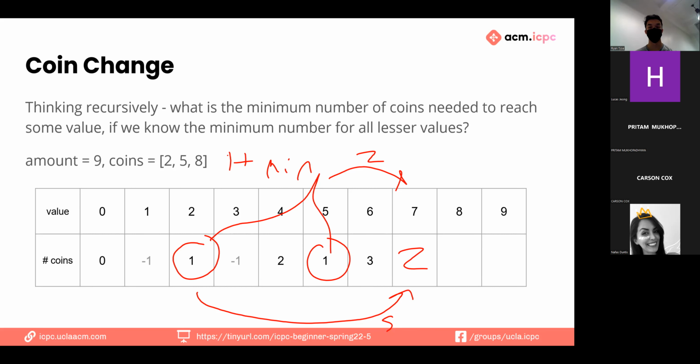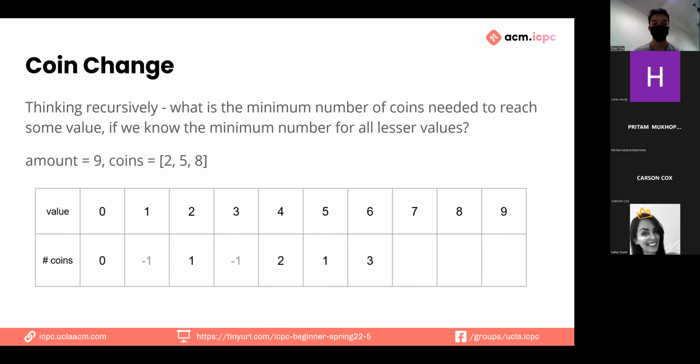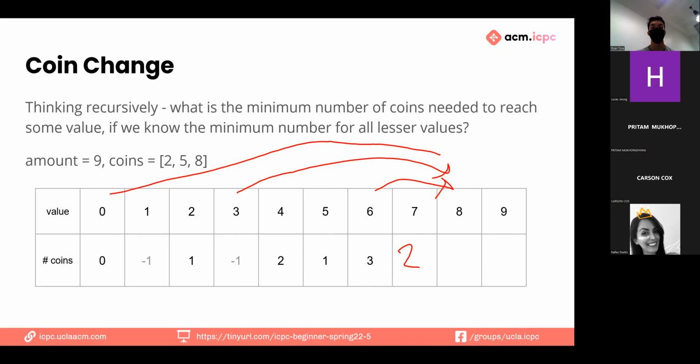So then, actually, I guess we could continue this. For 8, we know that we either last used a 2 coin, a 5 coin, or an 8 coin, right? We could have used a 2 coin to come from 6, 5 from 3, except we really couldn't have since it's a -1, or used an 8 to come from 0.